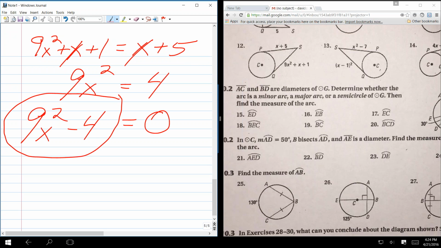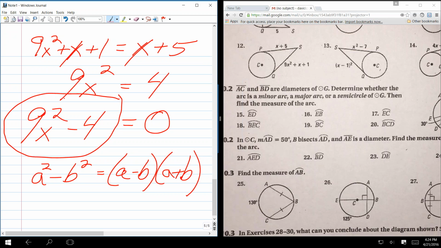Because if there's one thing math wants you to recognize, it's difference of what? Difference of perfect squares. When I have the difference of perfect squares, a squared minus b squared, it always factors into a minus b times a plus b.